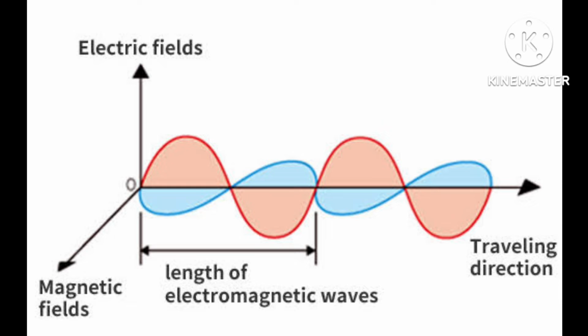He suggested that when an electrically charged particle moves under acceleration, alternating electrical and magnetic fields are produced and transmitted. Not only produced, they are transmitted also. These fields are transmitted in the form of waves called electromagnetic waves or electromagnetic radiation.